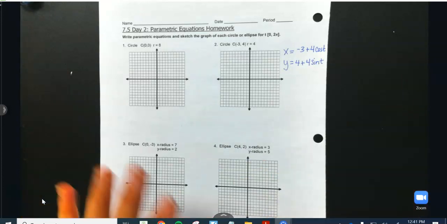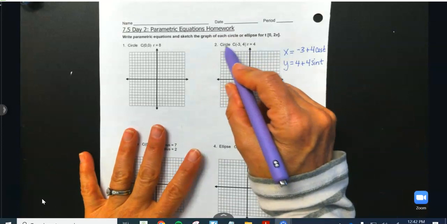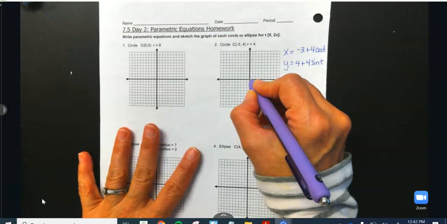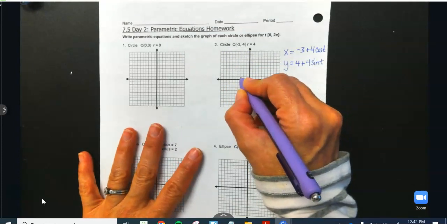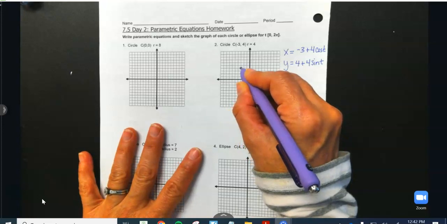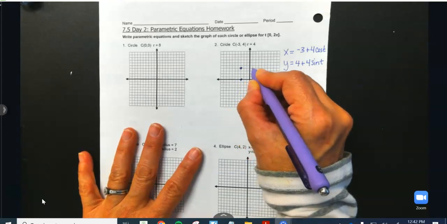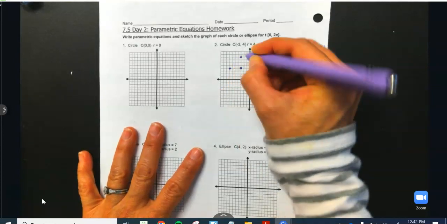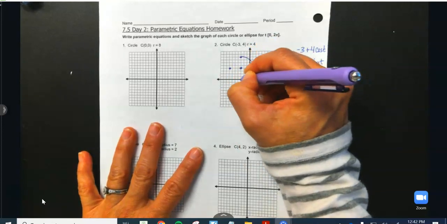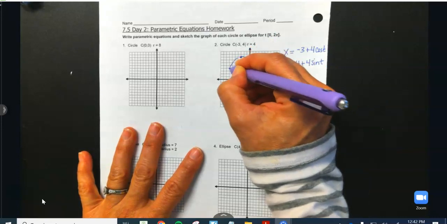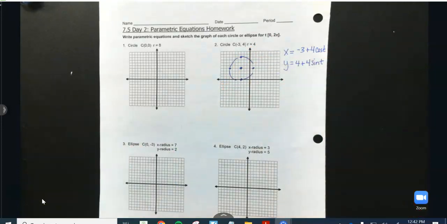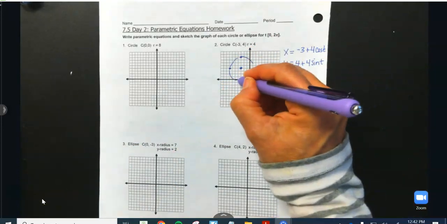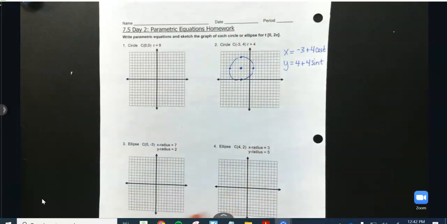That's all you're doing. All right, let's go ahead and graph the circle at negative 3, positive 4. Remember, it has a radius of 4. Any questions on how to do a circle?